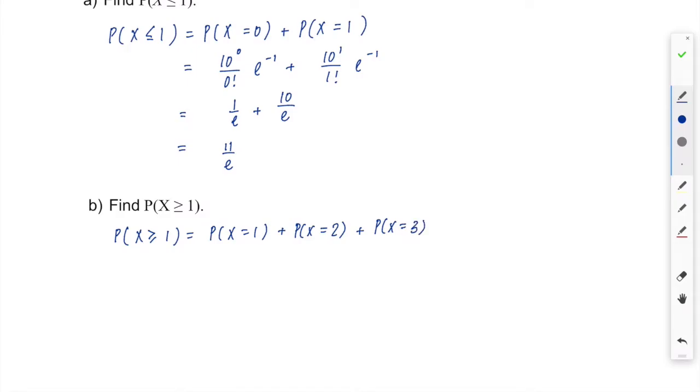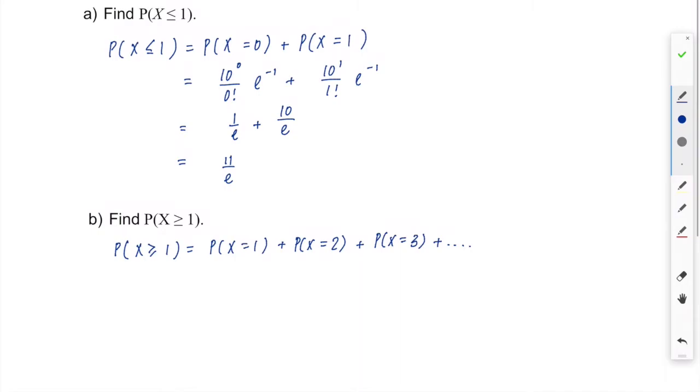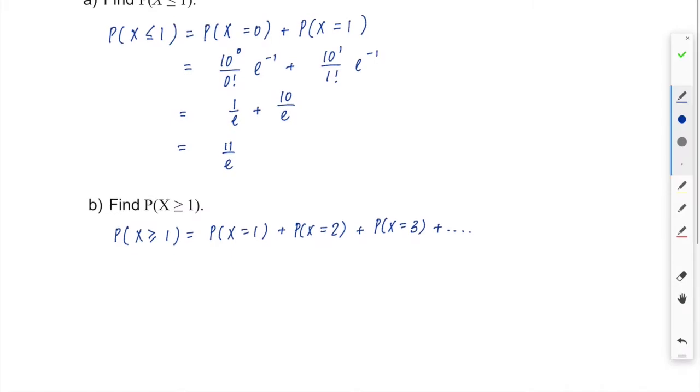So this is an infinite sum because my list of x values goes on forever. I can't do this. So instead, let's do the complement, which is 1 minus the unwanted case of x equals 0. So here we already know from the last part that's 1 over e. I can write this as e minus 1 over e then.